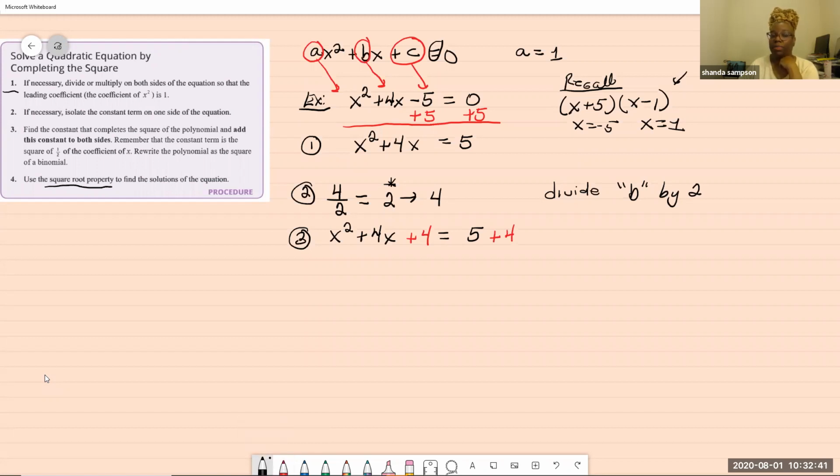Now we're just going to clean it up. So that's x squared plus 4x plus 4 is equal to 9. All right.